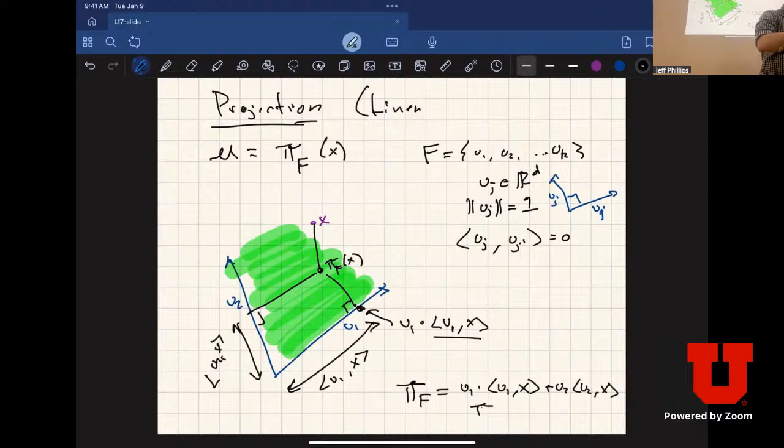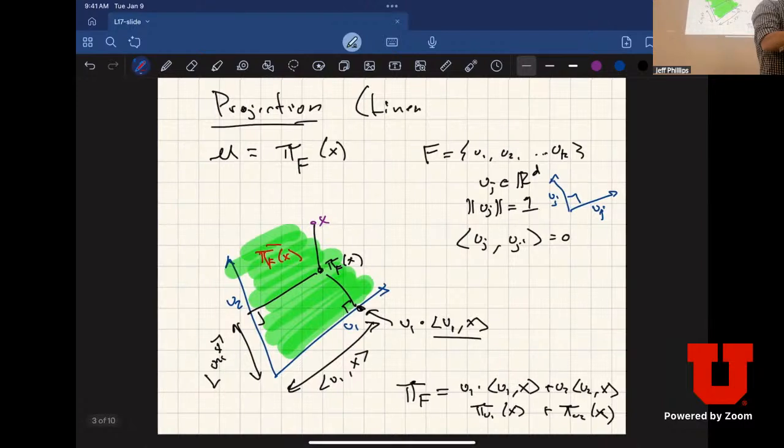I can think of this as the projection onto u1 of x plus the projection onto u2 of x. Because they're both d-dimensional vectors, I can add them. Or I could also think of this as pi bar of f of x.